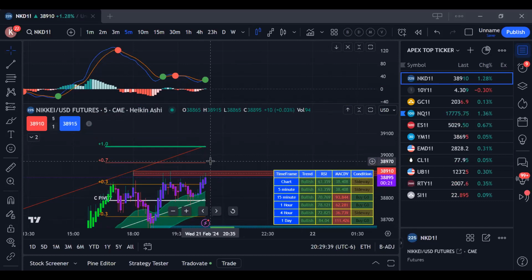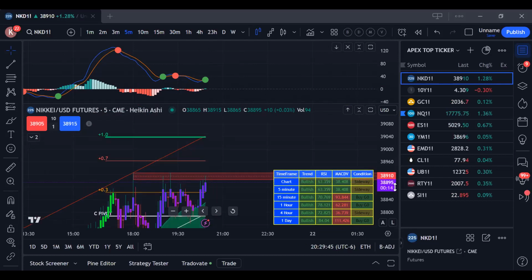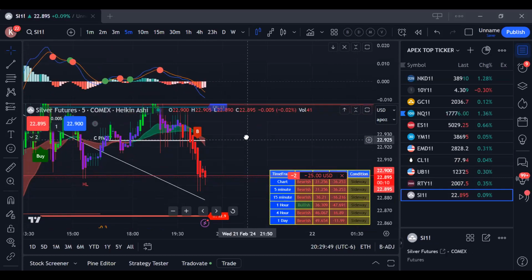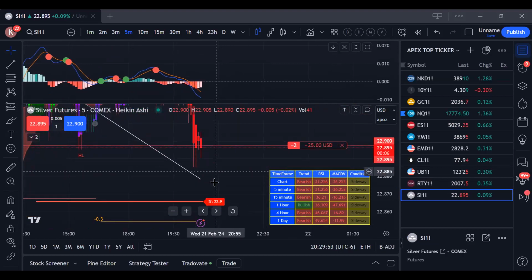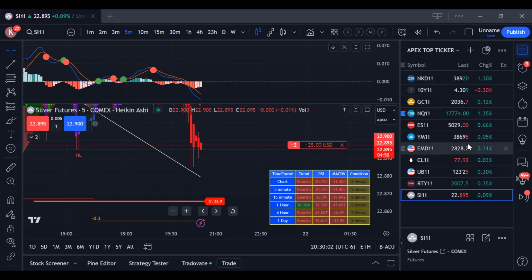If it goes up above this, this resistance will go away, and then we can enter a long. Initially, if you have taken one, just stay on this. Once you make some profits, close this and look for another opportunity.